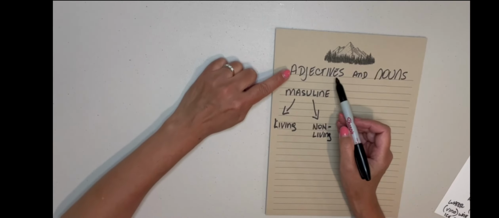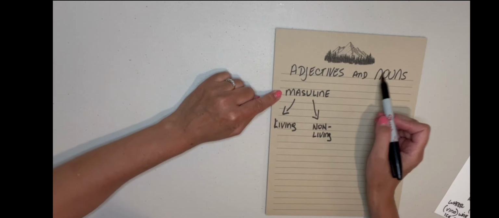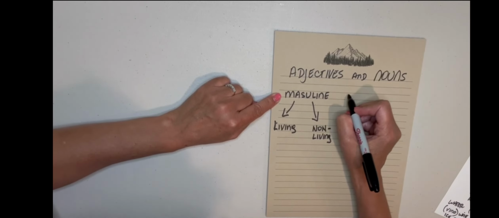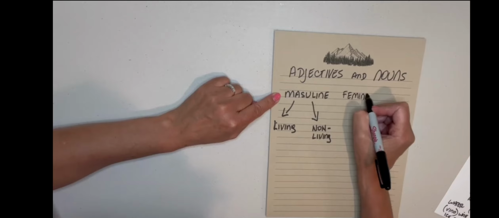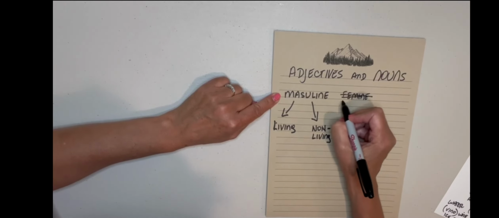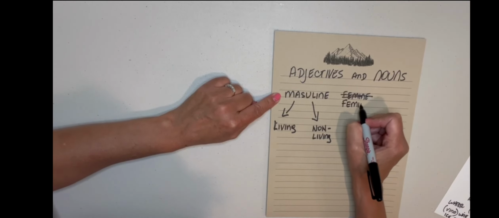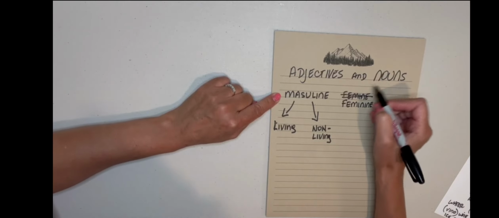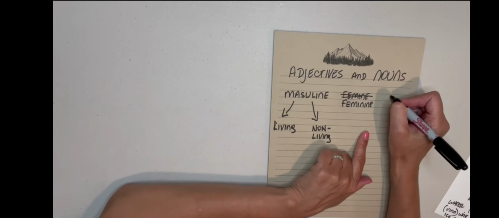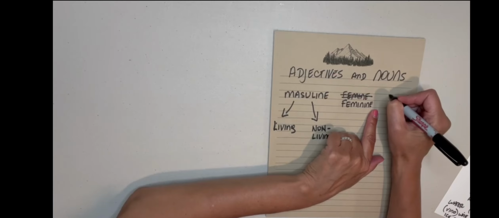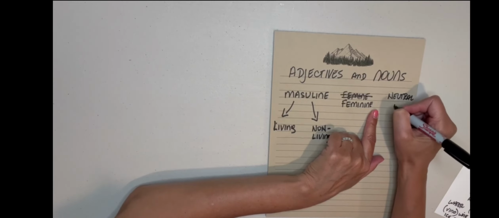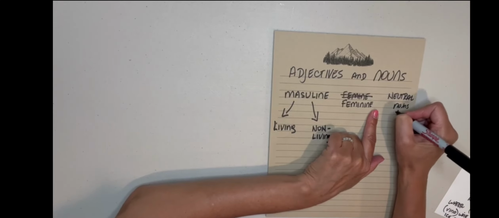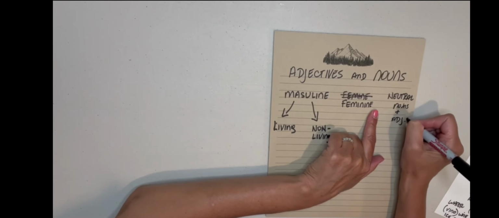So adjectives can be masculine, nouns can be masculine, adjectives can be feminine. Whoops, let me spell that word right. Feminine. Nouns can be feminine. And lastly, there are neutral nouns or neuter, neutral nouns and adjectives. Okay.